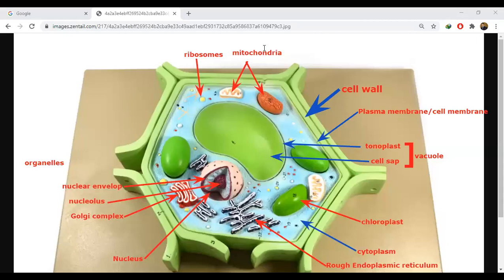Yes, the things that are present only in the cytoplasm are organelles. Are you clear? Good.